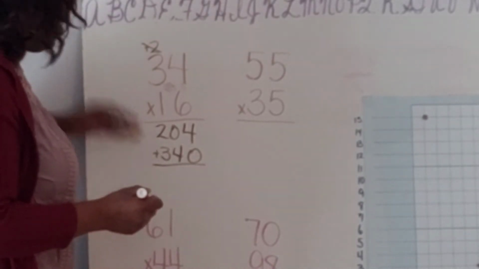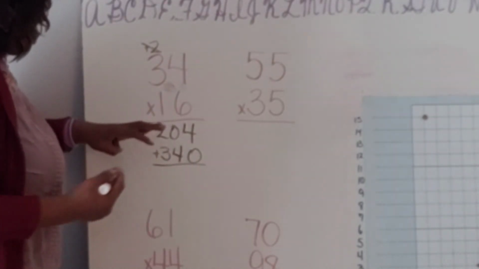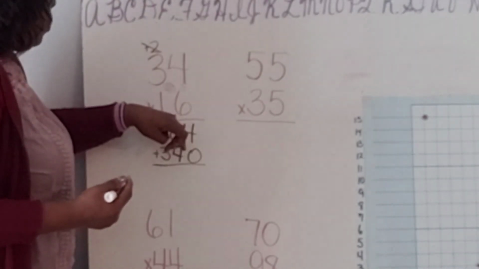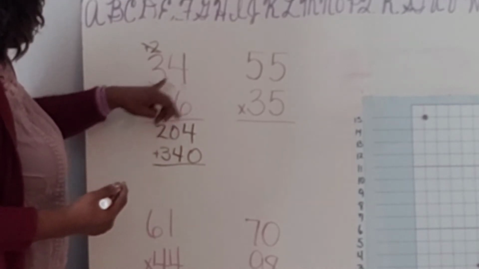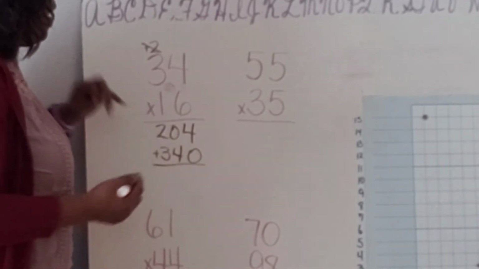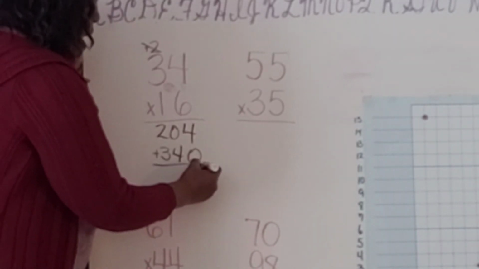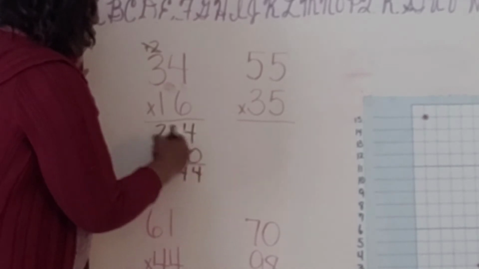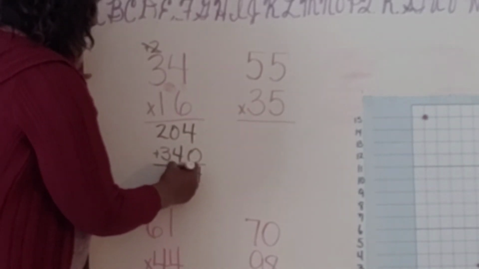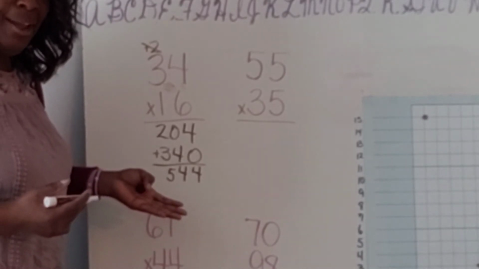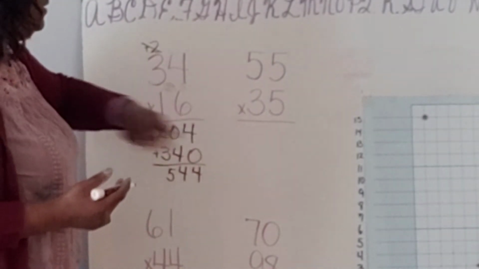Sure is, 340. After I have my answer for everything on top times my ones place here, everything on top times my tens place here with my 0 added in, then I simply add my partial products. 4 plus 0, 0 plus 4, 2 plus 3. 544 is our answer. Quick and easy, right? Painless.